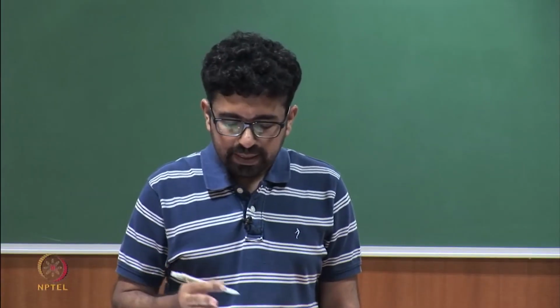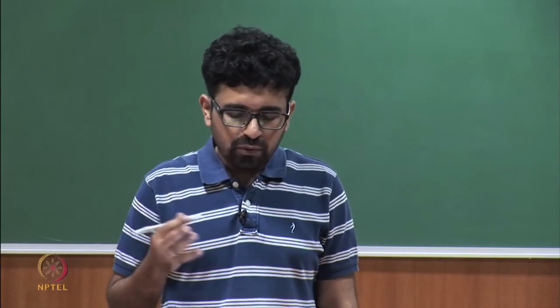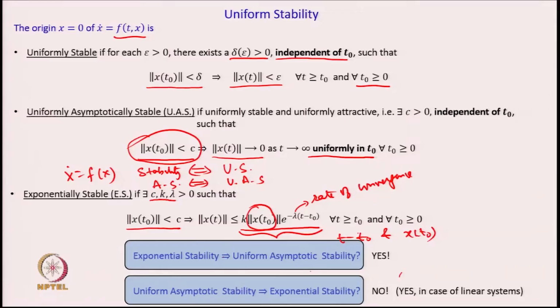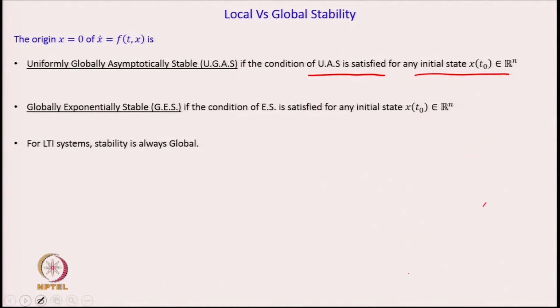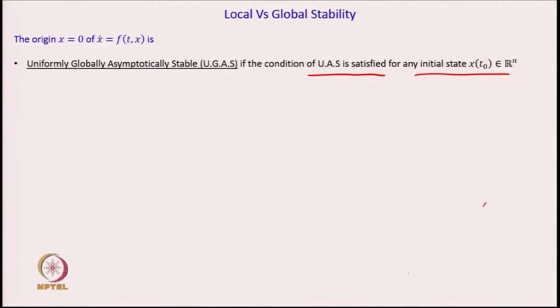However, if we say that c is equal to infinity, that is the initial conditions can be chosen anywhere in the state space, we say that stability is global. Similarly, we have global exponential stability, that is if the condition of exponential stability is satisfied for any initial state in the state space, we say that the equilibrium point is globally exponentially stable.